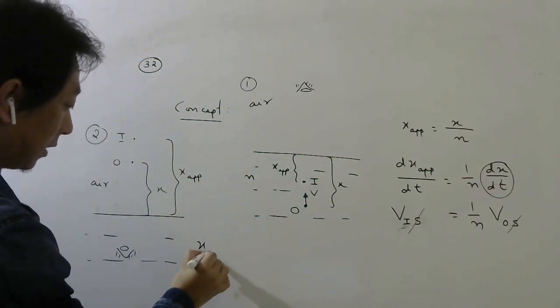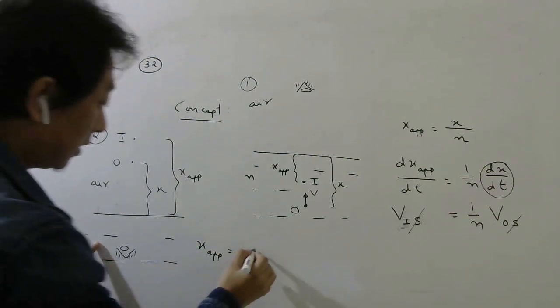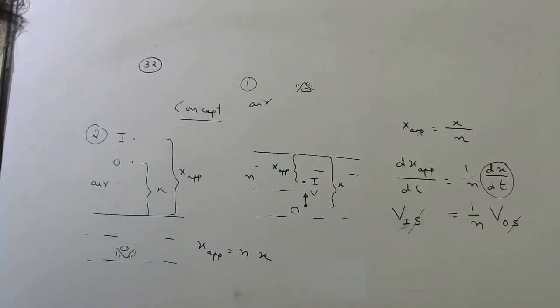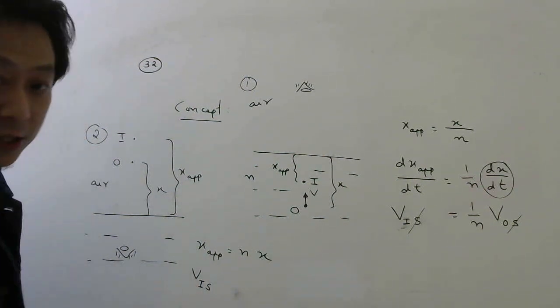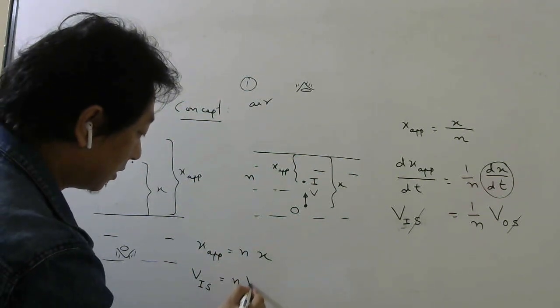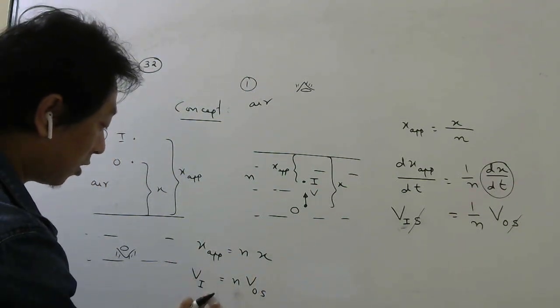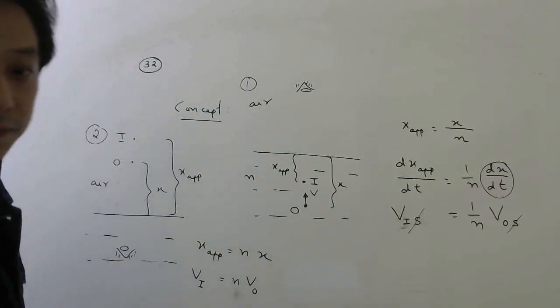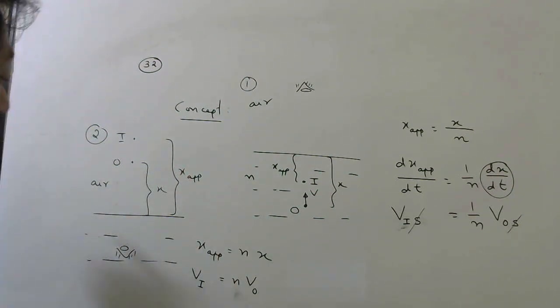So now your x apparent will be the refractive index of the denser medium times x. If you take the differentiation, you will get the velocity of image with respect to the surface is equal to n times the velocity of object with respect to the surface. If the surface is not moving, you can remove this. Correct, no students? So make a note of this very important concept.